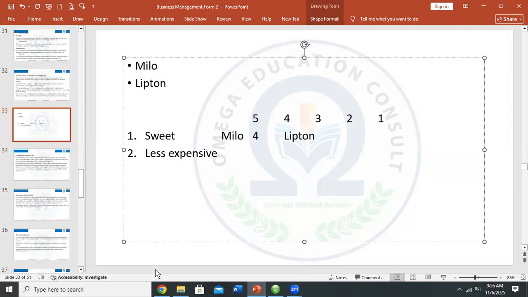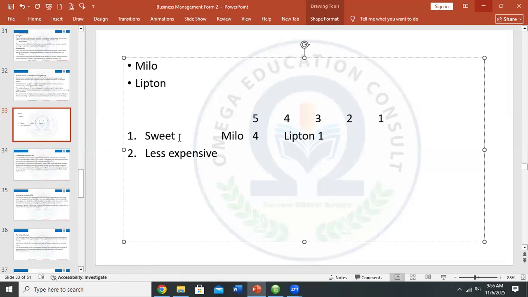What score did you give? 1? Okay. So 1. We have been able to make the scores for Milo and Lipton based on this criterion.